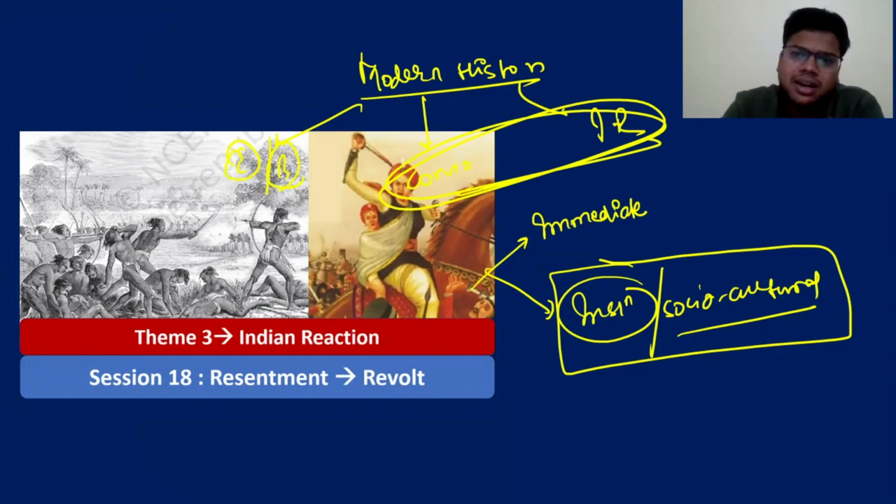Earlier, Indian reactions took the form of peasant, sepoy, and civilian revolts, then socio-cultural reform movements. Now we will see the rise of modern nationalism, the formation of institutions, the important role of the press, and lastly the formation of an all India organization, the Indian National Congress.